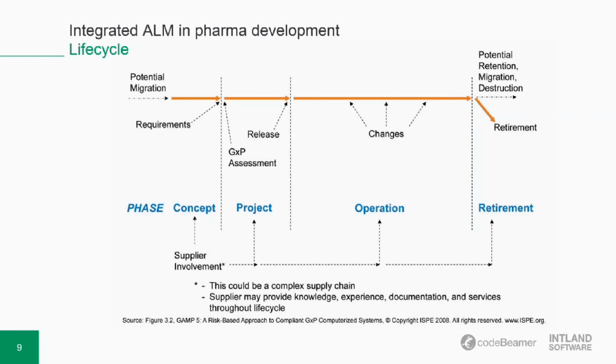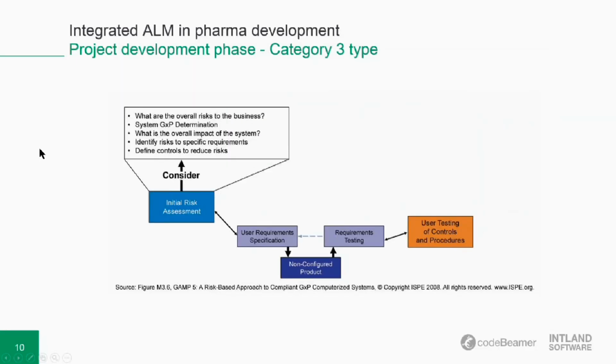So even the retirement shall be well designed, and all activities have to be controlled and qualified based, again, on risk analysis. So let me show now how we formulate the above model within Codebeamer.